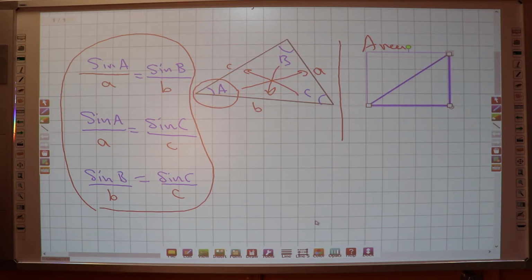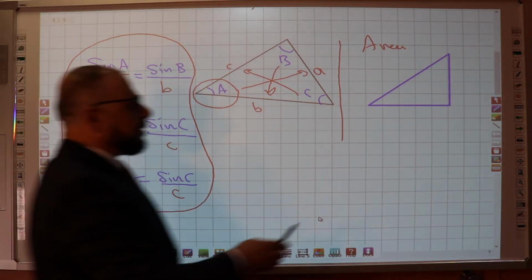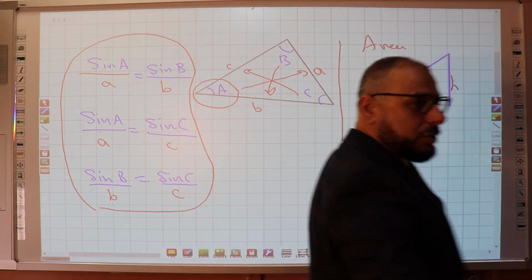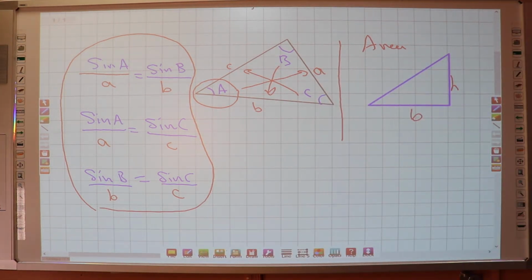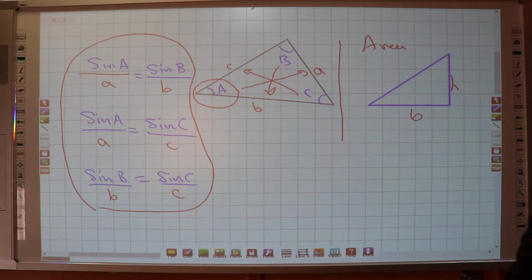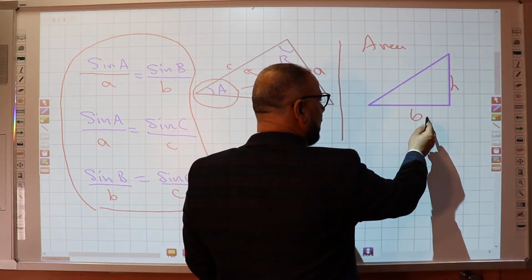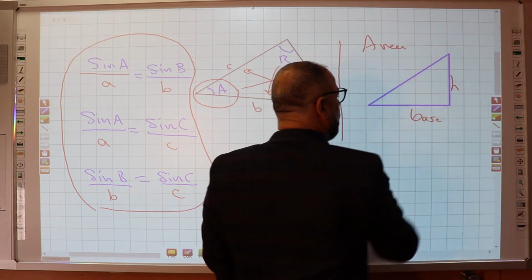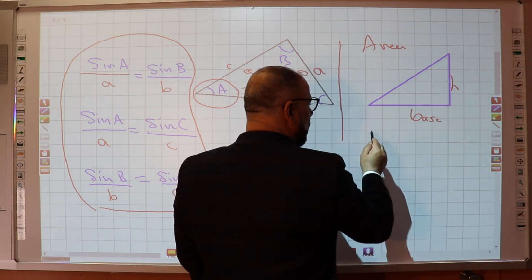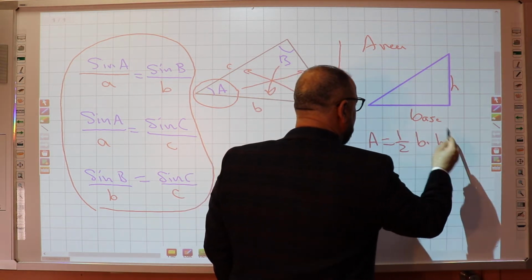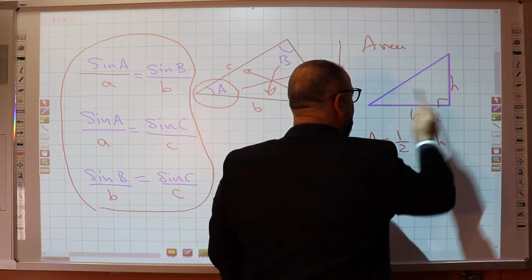We call this the base and this the height. Half, this is the base, and this is the height of the triangle. Area equals, that's what we used to use, half times base times height, because we have a right angle.